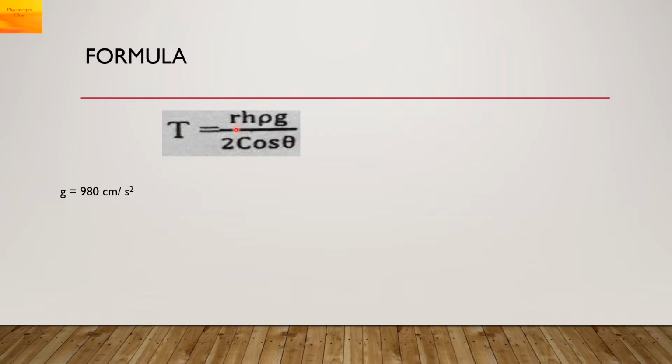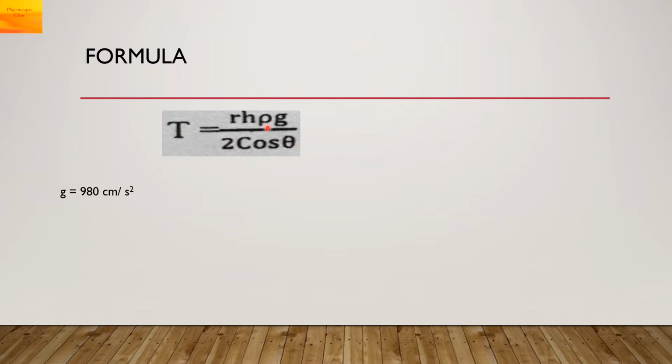R is the radius of the capillary bore. h is the height of the liquid column in the capillary tube. Theta is the angle of contact of the liquid, and rho is the density of the liquid.